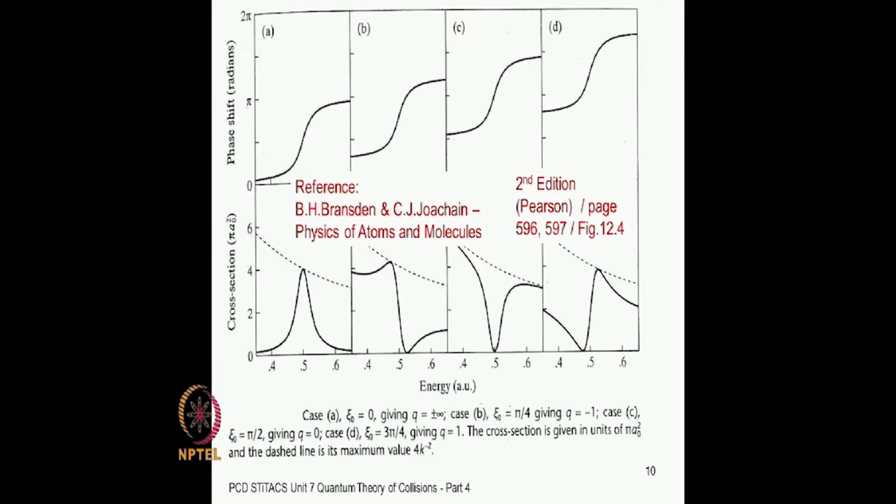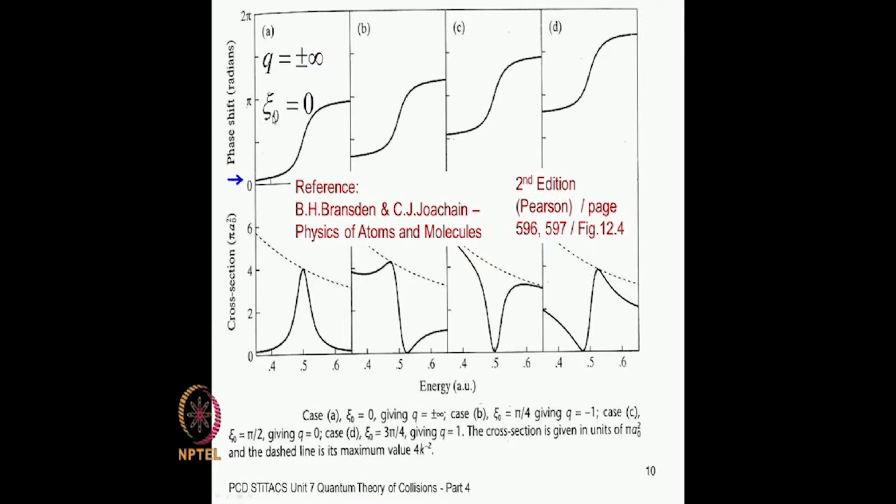So here is a figure from Brandsen and Joachain's book which I would like to discuss, and this is figure 12.4 in the book, and it has got 4 panels, A, B, C, and D, and they represent different cases which are described in the caption for the figure. So here you notice that this is for S waves, which is why the quantum number L is equal to 0, which is the subscript of xi.